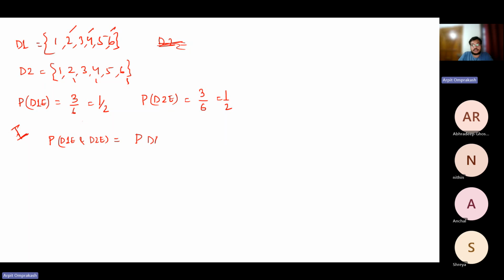So this will be equal to the probability that die 1 is even times the probability that die 2 is even, which is 1 by 2 times 1 by 2, which is 1 by 4. So for the first part, our answer is 1 by 4.